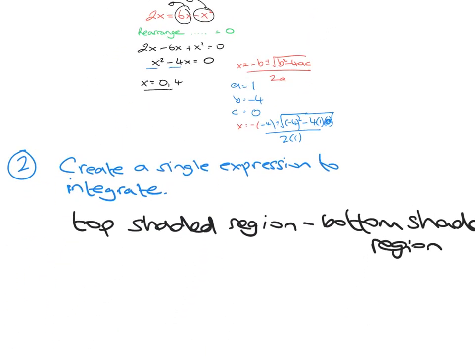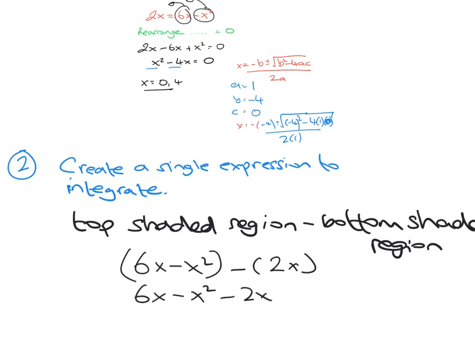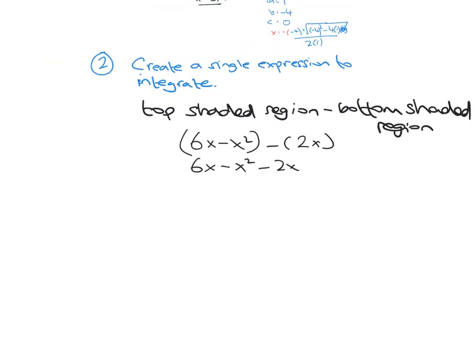My expression for the top part is 6x minus x squared, and then I'm going to take away the bottom part, which was a straight line, which is 2x. If I remove my brackets, the minus multiplies into the 2x to give me minus 2x, and I will get 4x minus x squared. And there is my new expression.